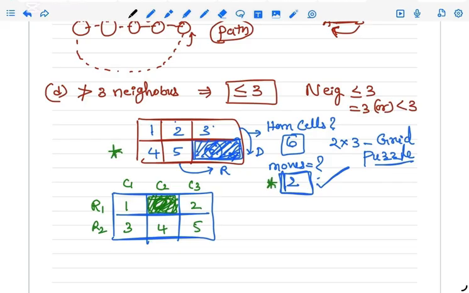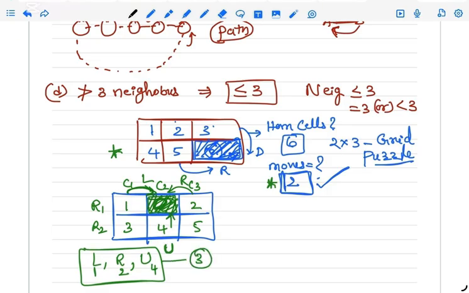At the middle column, we can move 2 to the right, 1 to the left, and 4 up, right? So left, right, up: 3 options are possible.